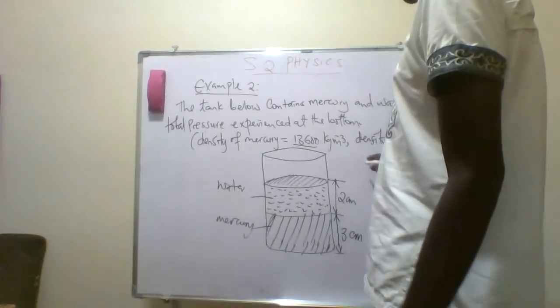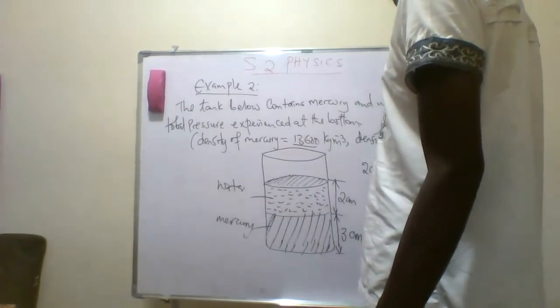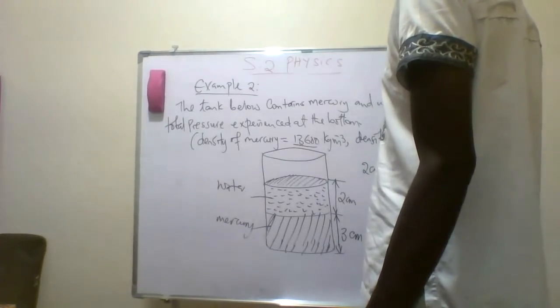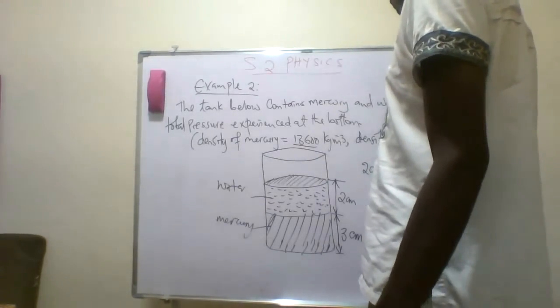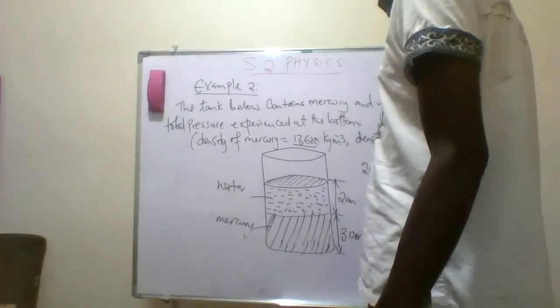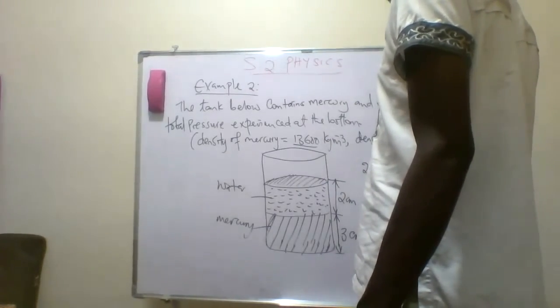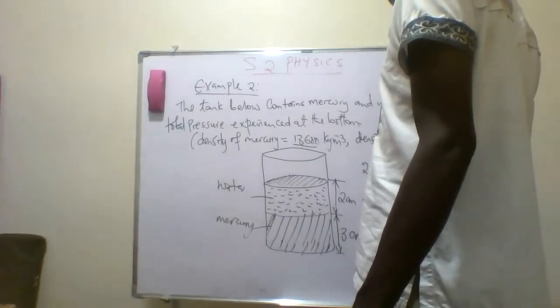Briefly, we should always remember to convert. So we are starting to answer. 2 centimeters is the same as 2 divided by 100 meters, which is 0.02 meters, and 3 centimeters is equal to 3 divided by 100 meters, which is 0.03 meters.